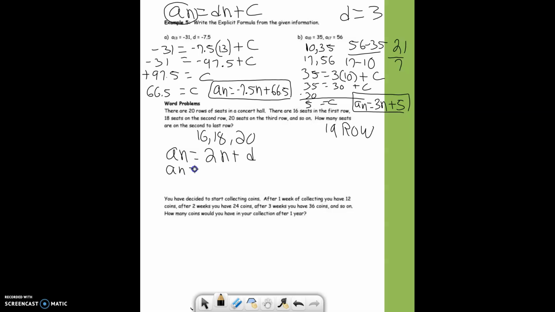So A of n equals 2n, and I go back, remember? So that's going to be plus 14. Now let's use my formula, so I'm going to stick in 19. Then I'll do 2 times 19 plus 14. So the 19th row is going to have 52 seats.